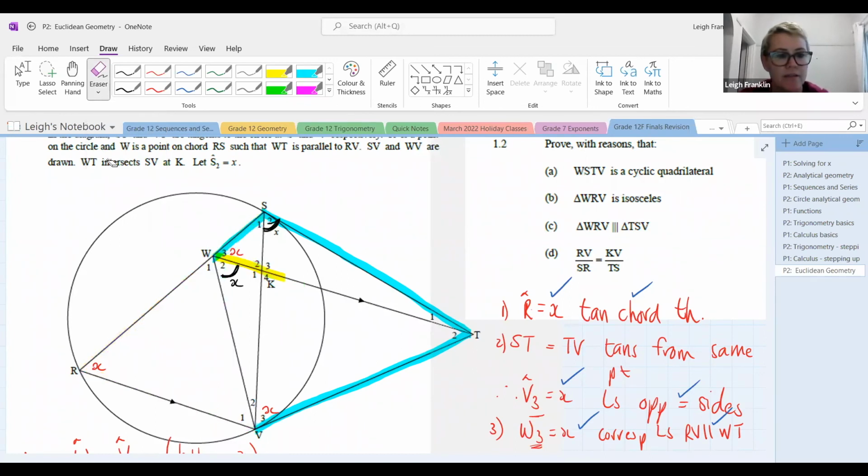Okay, can you see that? So V1 is also equal to X because it is alternate to W2. W2 is equal to X because they are angles in the same segment with S2. Okay, that's the connection.